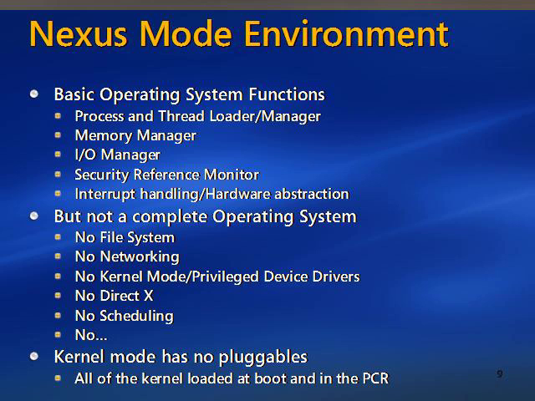A few security enforcing functions, and of course we have to handle interrupts, some of the maintenance work that you have to do once you enter the kernel business. But it is not a complete operating system. It does not have file systems. It does not have network drivers. We certainly will provide APIs so that the Nexus mode code can encrypt up a packet, send it over to a piece of left side code that knows how to then send that out over the network. Similarly, receive something from the network, verify a signature, and decrypt it. But we're really not taking on the complete operating system problem in the Nexus.